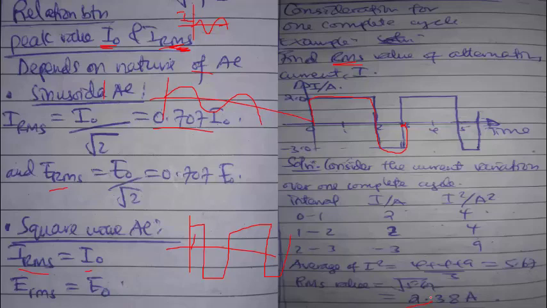This is very simple. Just note that if in your cycle, for instance, you have a graph that starts from there, goes up and comes down, that's half a cycle.